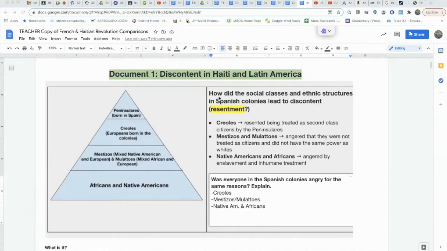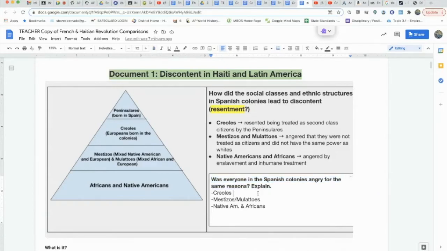So now let's look over here. How did the social classes and ethnic structures in Spanish colonies lead to discontent or resentment? Let's take a look at Creoles. Well, Creoles resented the Spanish being treated as second-class citizens by the peninsulares. Okay. So let's look down here. Was everyone in the Spanish colonies angry for the same reasons?